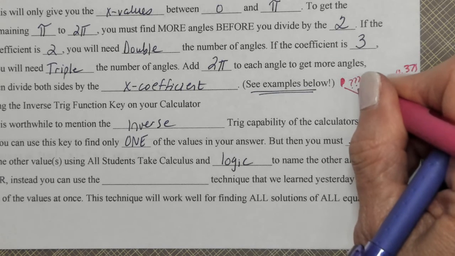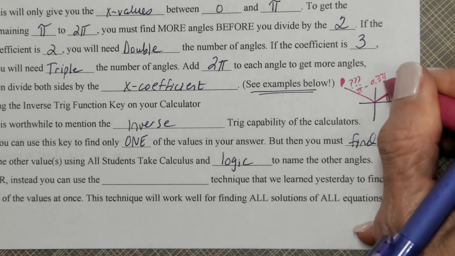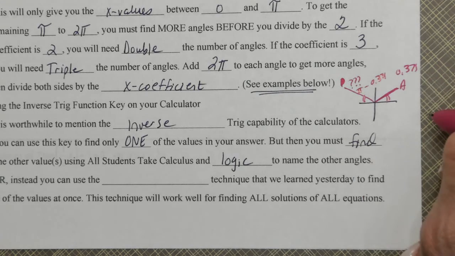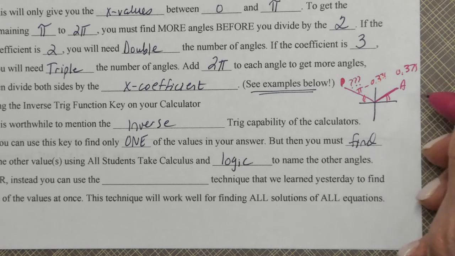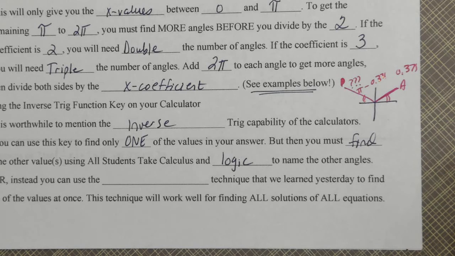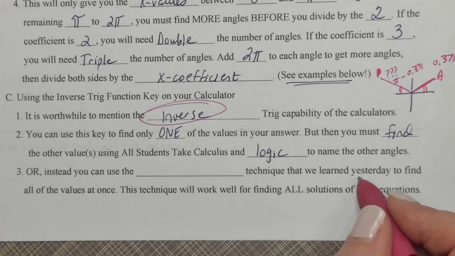Then this one would be pi minus 0.371, because we'd be subtracting it there. So you're using some symmetry, you're using logic to find out what you need to do to get that value. So yes, you can use the inverse key, but it does get complicated.